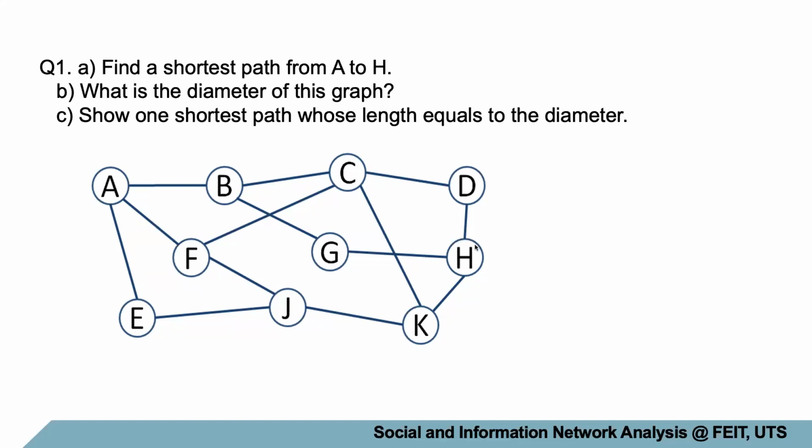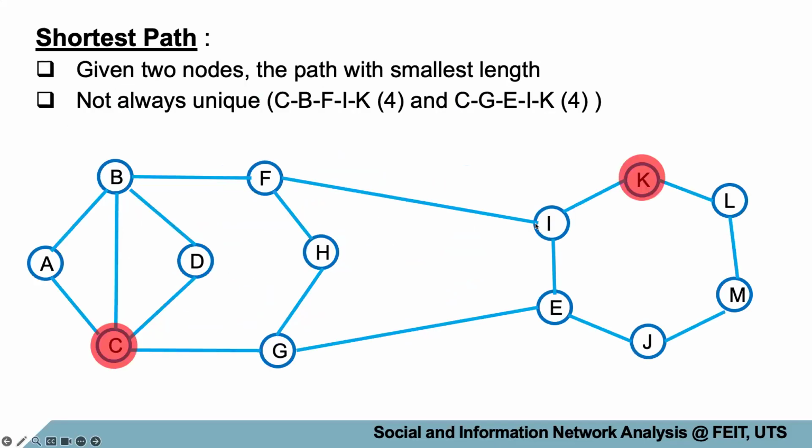Okay, so to solve this question, let's review some of the parts we introduced in the lecture. So one is the shortest path. The shortest path between two nodes is just the path with the smallest length, right? It may not be unique.